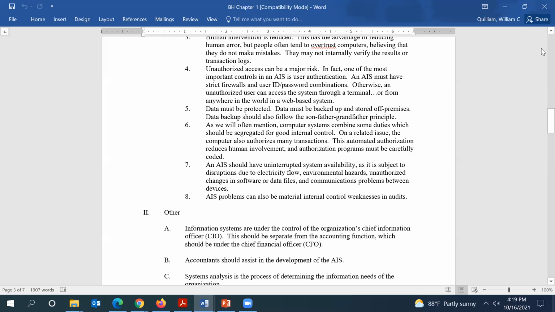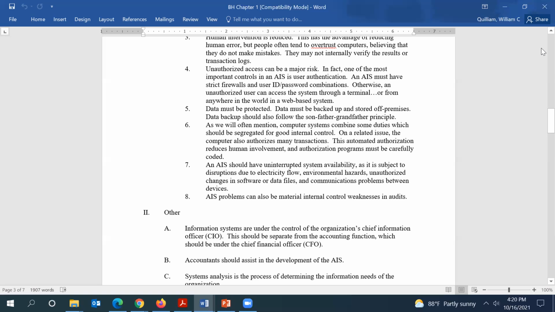Number 5, data must be protected. They must be backed up and stored off premises so we don't lose data. Data backup should also follow the son, father, grandfather principle. Did you hear about that in AIS? Okay.